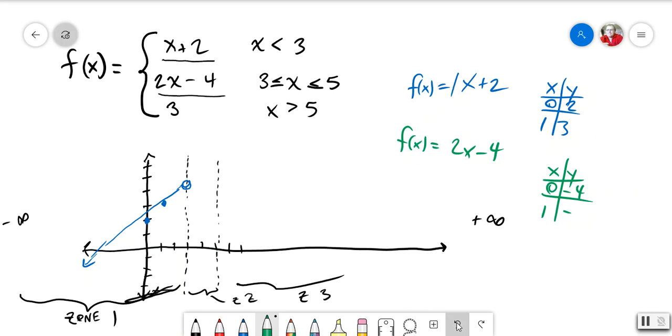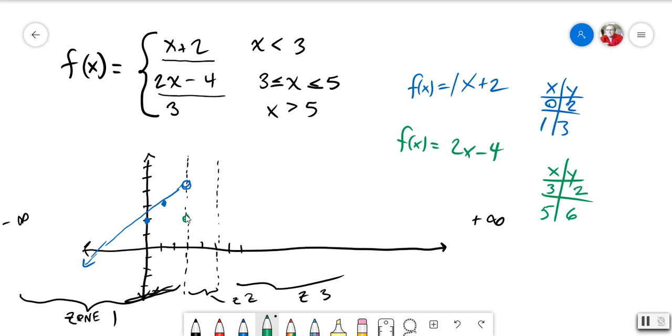I could say, well, maybe that's not the best way to go about doing it. I could say, let me put in 3. And then let me put in 5. Those are my boundaries. 3 times 2 is 6. 6 minus 4 is 2. 5 times 2 is 10. 10 minus 4 is 6. When I'm at 3, I have 1, 2.